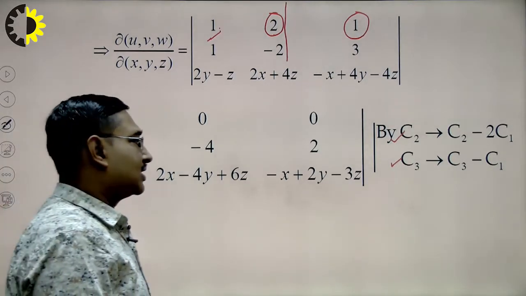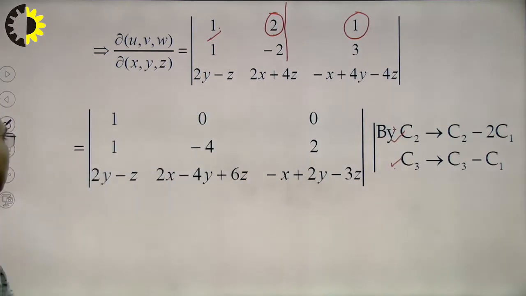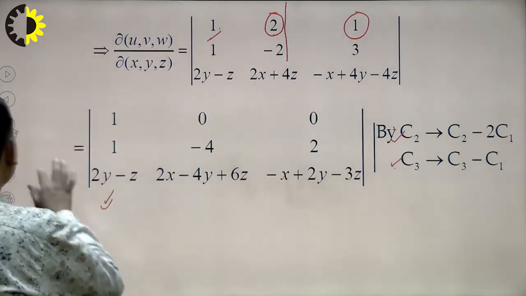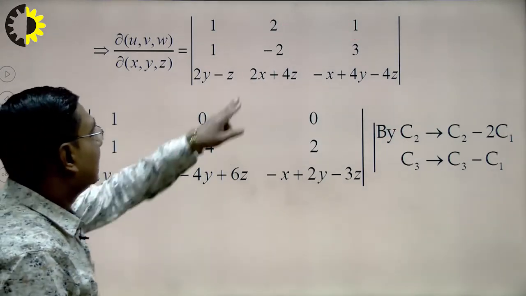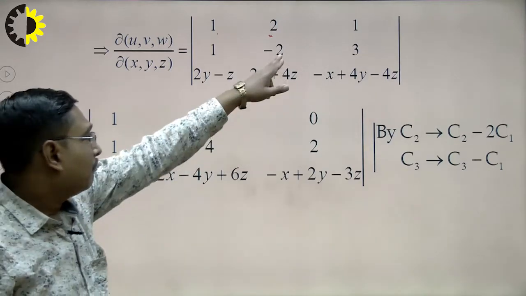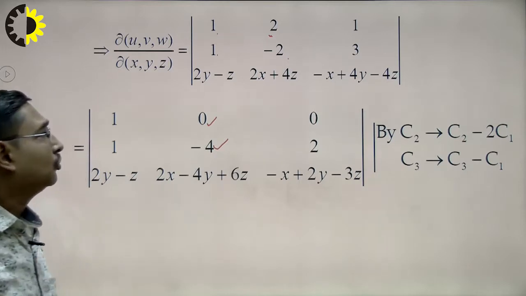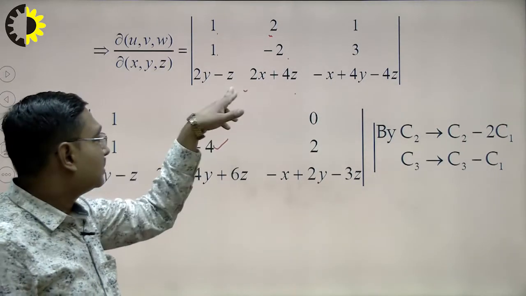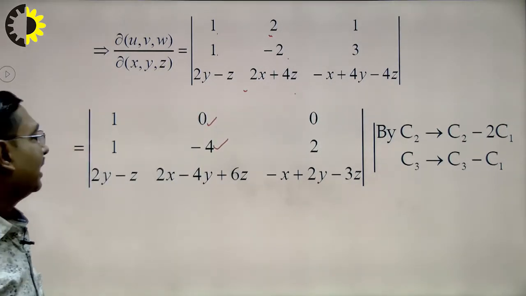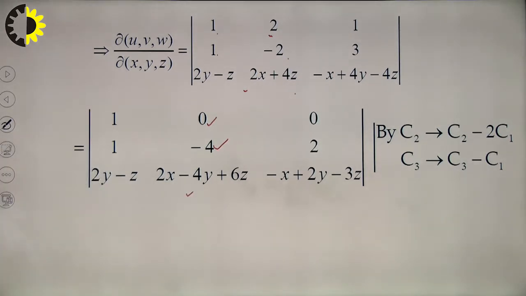By applying these transformations, because C2 and C3 are getting changed, C1 is intact; there is no change in the first column. C2 minus 2 C1 gives 2 minus 2 times 1, that is 0; minus 2 minus 2 times 1, that is minus 4; and 2x plus 4z minus 2 times (2y minus z) gives 2x minus 4y plus 6z.